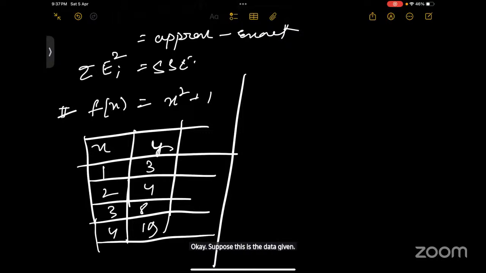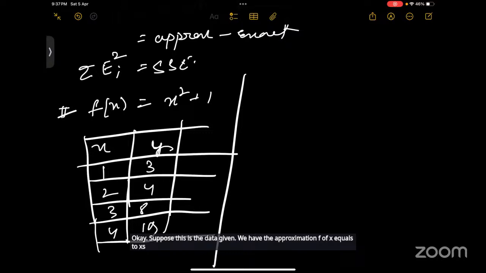We have the approximation f of x equals x squared plus 1, and we have the data table. So we have to calculate the SSE. Just calculate and let me know what the SSE is here.